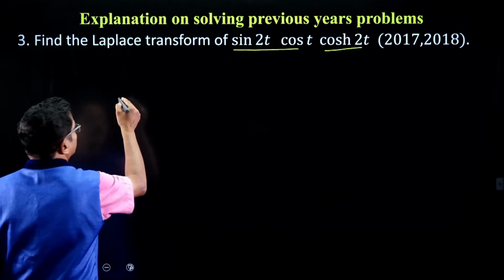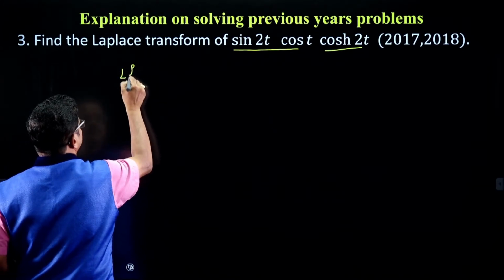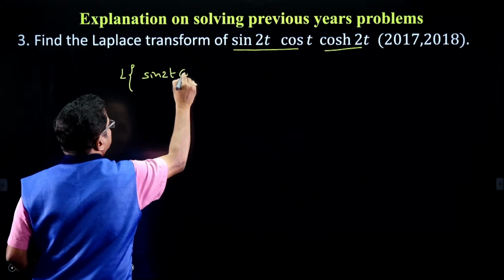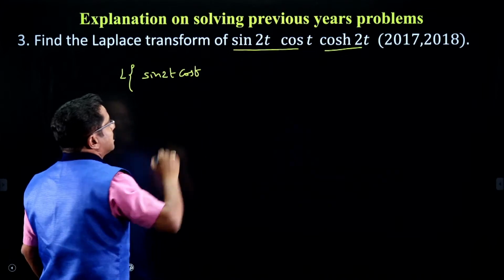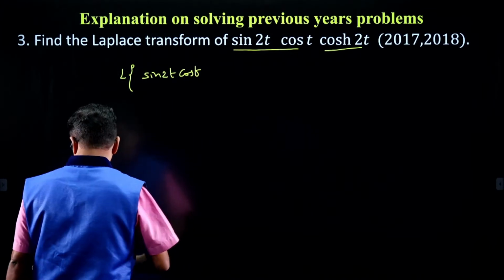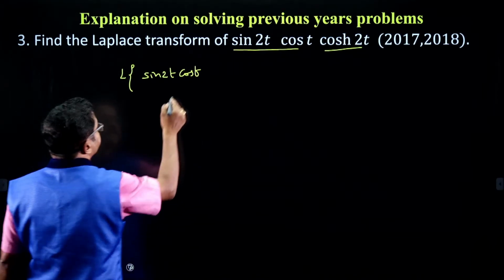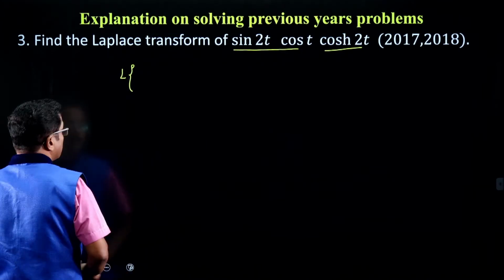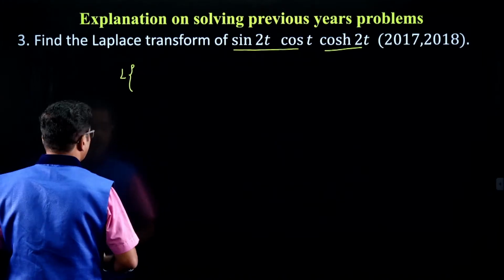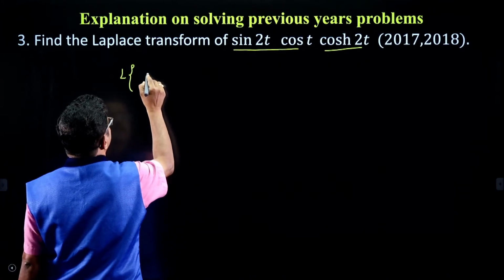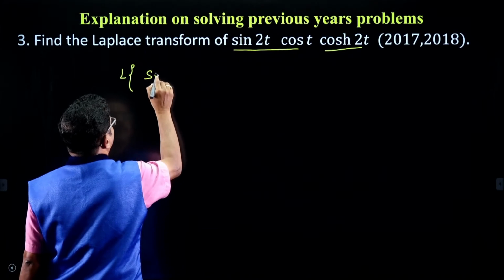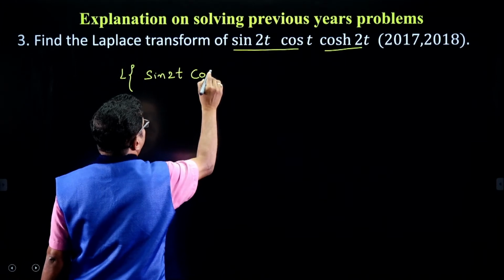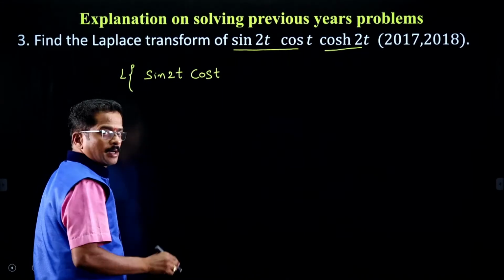So now, L of sin 2t into cos t, cos h 2t.